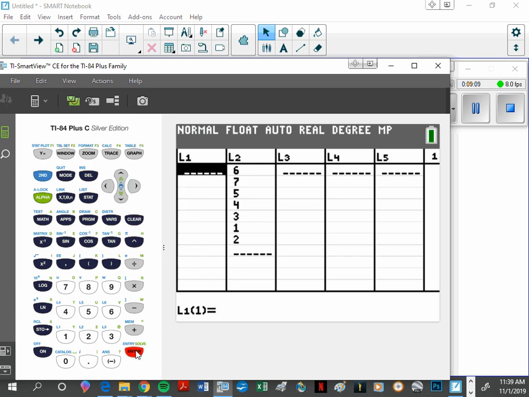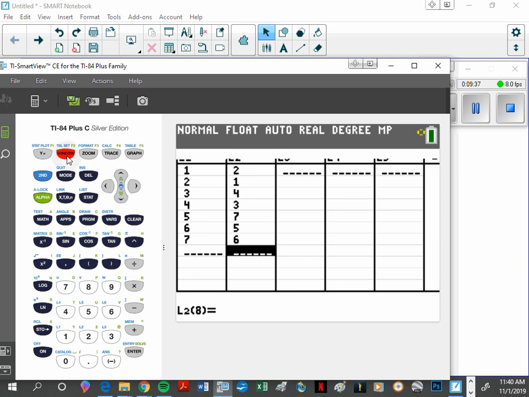So 1, 2, all the way to 7; 3, 4, 6, 7; 2, 1, 4, 3, 7, 5, 6.